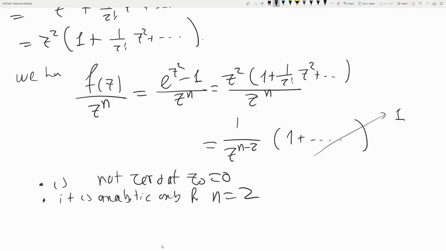So let me say that as well. You don't want n to be on the top, so let me write it this way. You don't want to have this happening. You don't want 2 to be bigger than n. So you want the opposite: you want n to be less than or equal to 2.